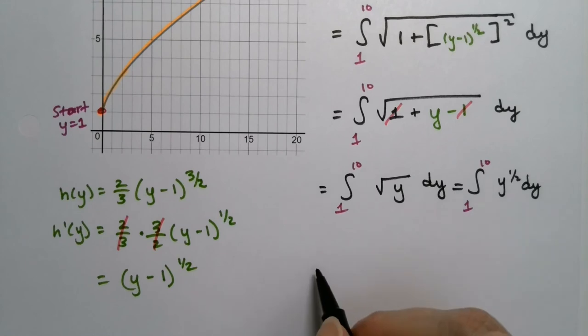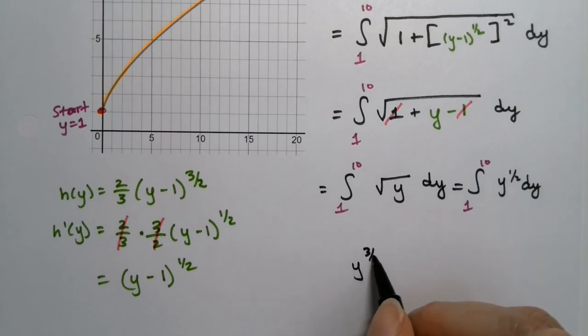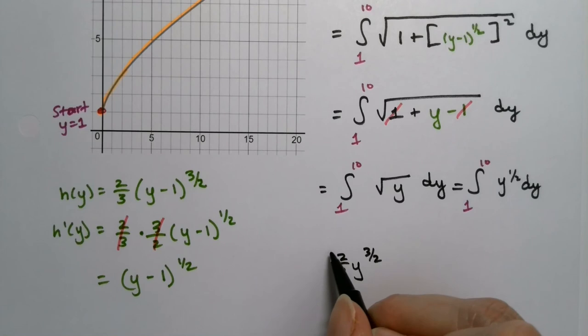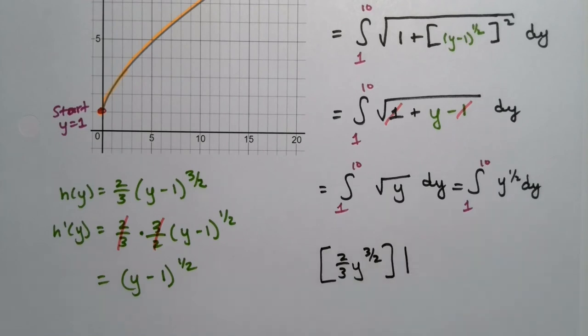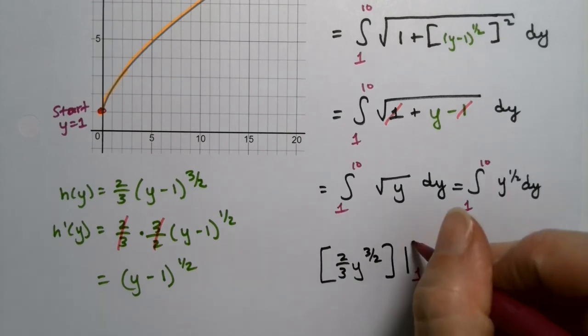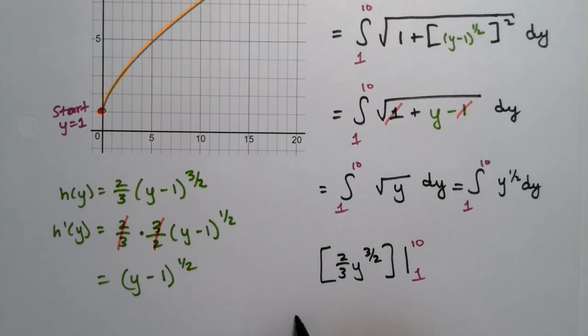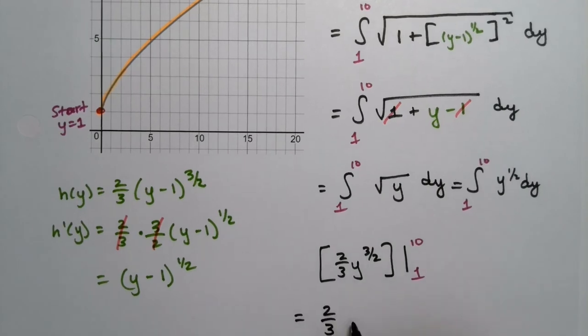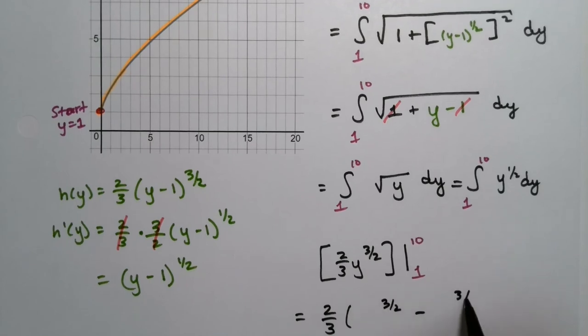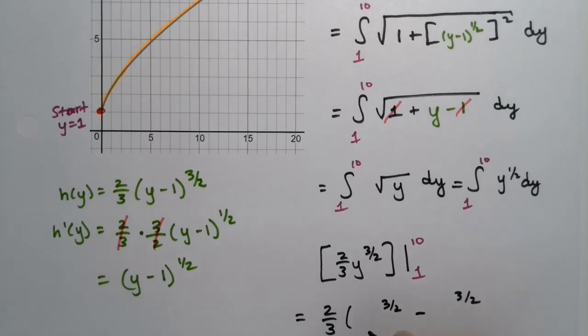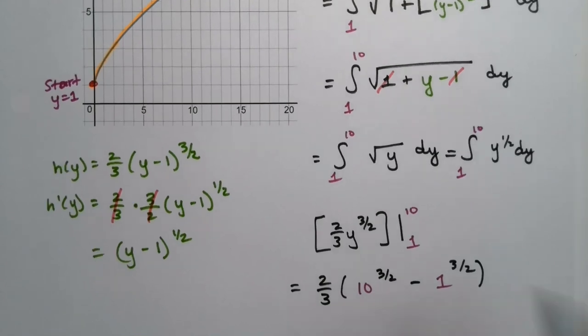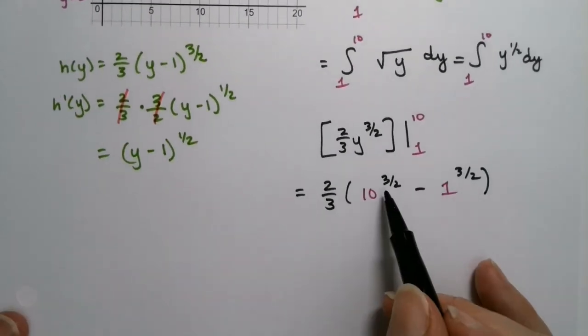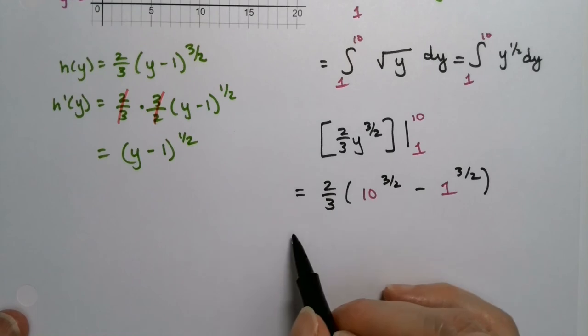All right, well, the integral of y to the 1/2 is y to the 3/2 times 2/3. We're going to take that from 1 to 10, which is 2/3 times 10 to the 3/2 minus 1 to the 3/2. 10 to the 3/2 is 1,000 under the square root, because 10 to the 3rd is 1,000, and the square root of 1,000 is 10 square root of 10.